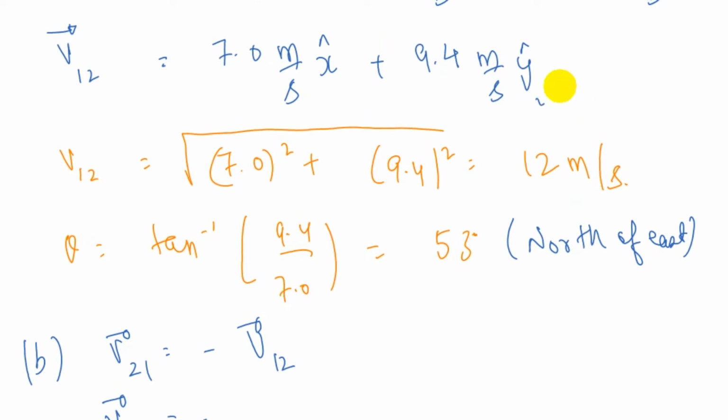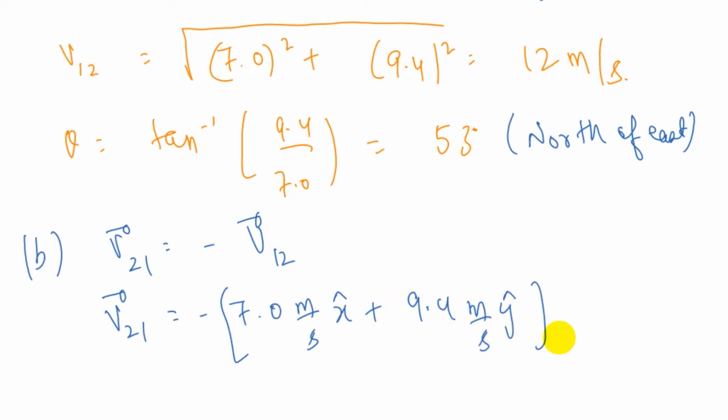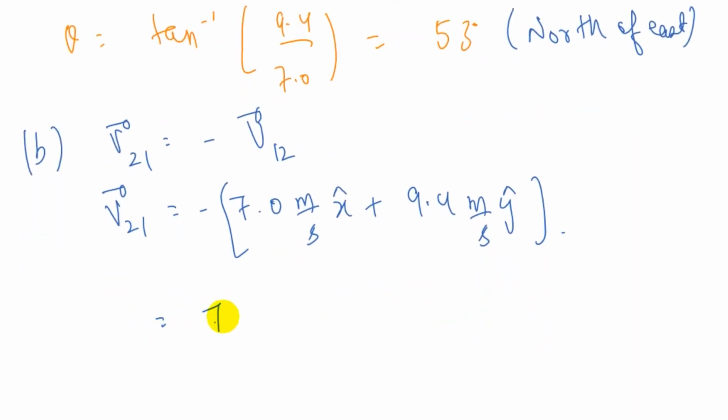We have this thing, we can put it here, minus 7.0 meter per second x cap, plus 9.4 meter per second y cap. So this would become minus 7.0 meter per second x cap minus 9.4 meter per second y cap. So this is V21. Sorry, this is a negative sign here.